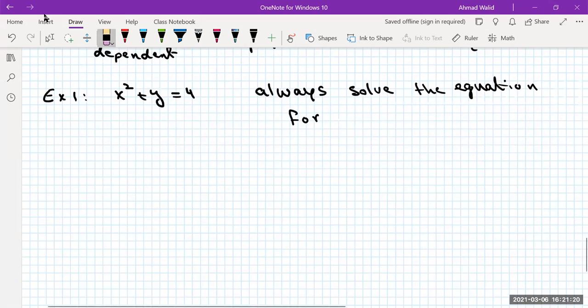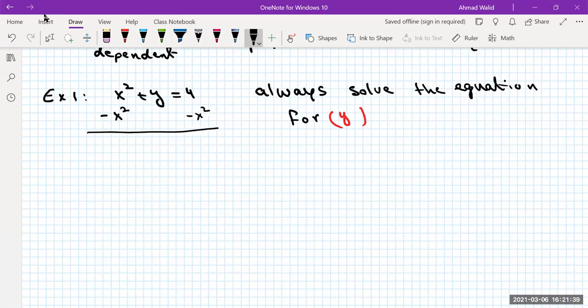The equation for which variable? For y. Always solve your equation for y. That's step one. Let's solve it for y. We have to subtract x squared from both sides, correct? Then y equals negative x squared plus 4, or you can write 4 minus x squared, whichever way you like. It gives you an equation in two variables, but in the form of y equal to something.